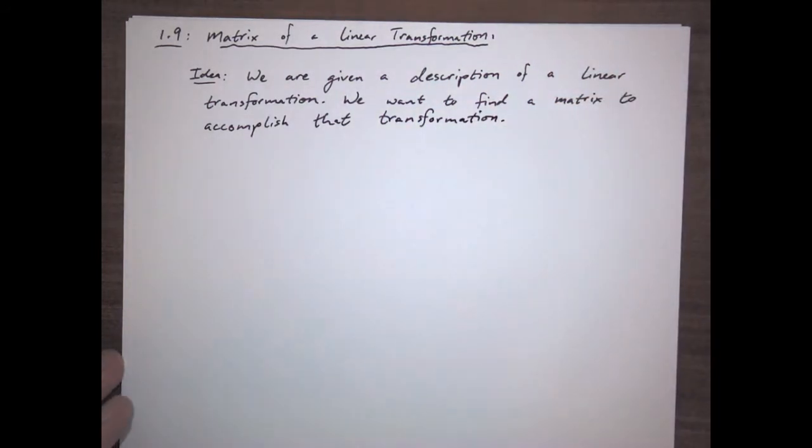Last time we saw how a matrix could be used to define a transformation, and now instead we want to have a transformation in mind and find a matrix to go with it.